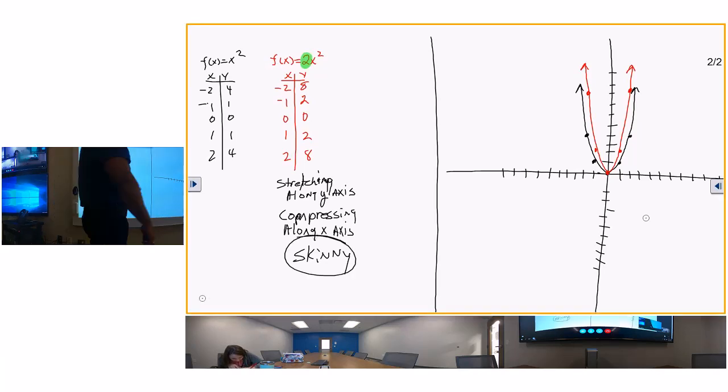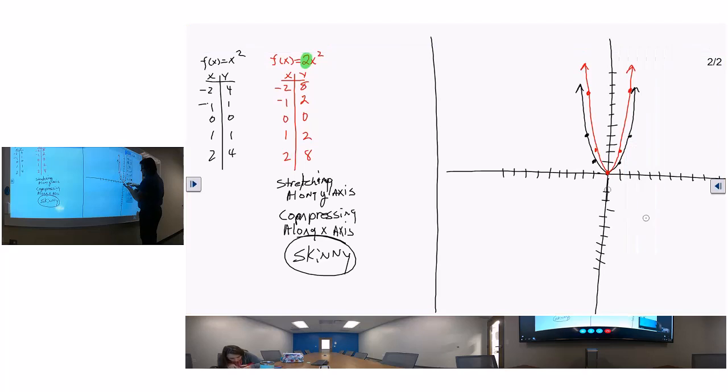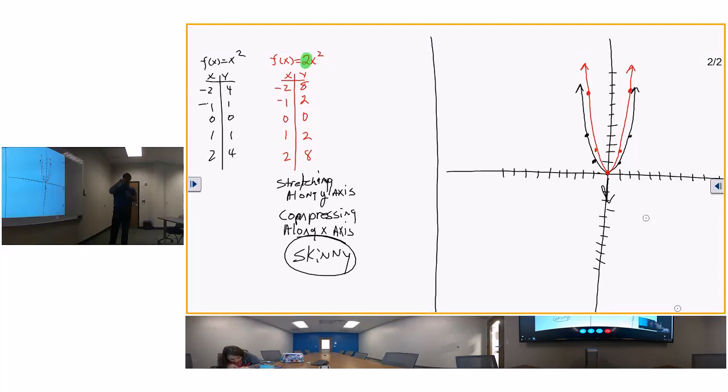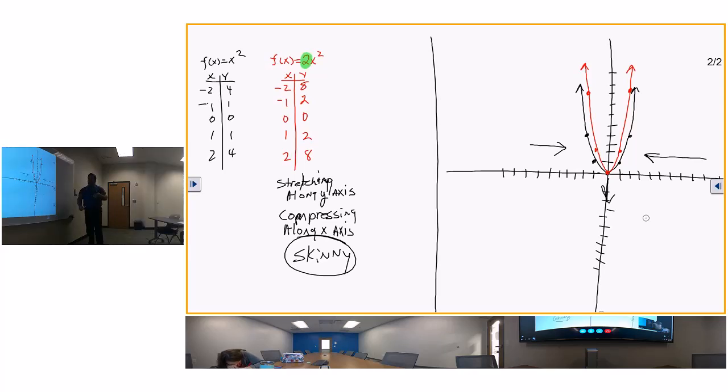Skinny. Think of a balloon. If I pull a balloon from here to here and go up there and there, what's going to happen to my balloon? It's going to get skinny. But I can also do that same thing by compressing along the x-axis. Will that do the same thing as stretching along the y-axis? Yes, it's the same thing. The ultimate is it's going to get skinnier.